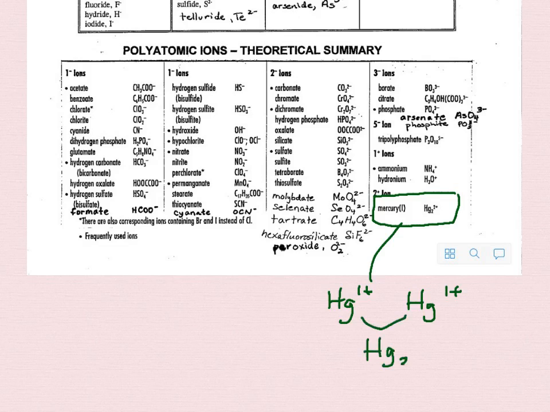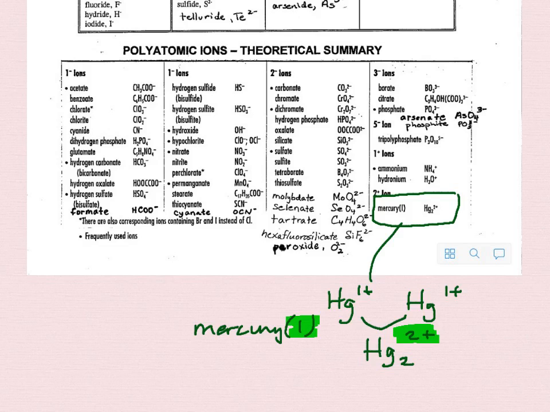You get 2 mercury atoms together with a total net loss of 2 plus. That's called the mercury 1 ion. It is the only ion where the Roman numeral does not match the charge. The Roman numeral 1 doesn't match the charge of a 2 plus. That's the weird bird, so you know you're going to see it a lot.